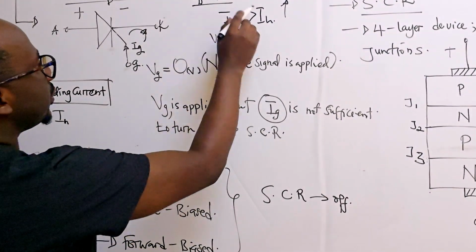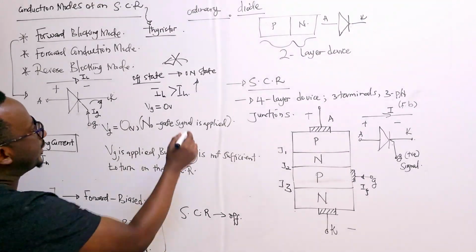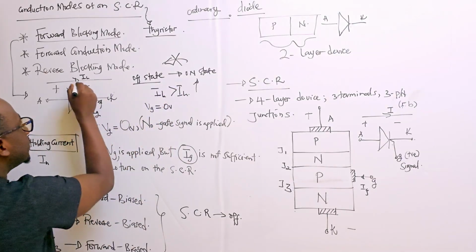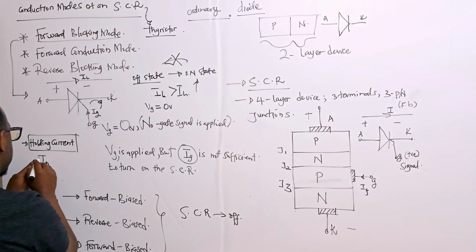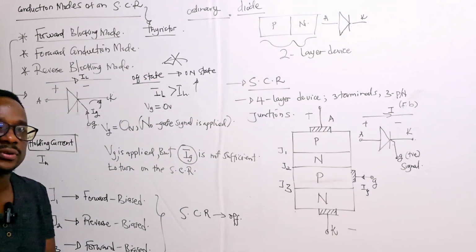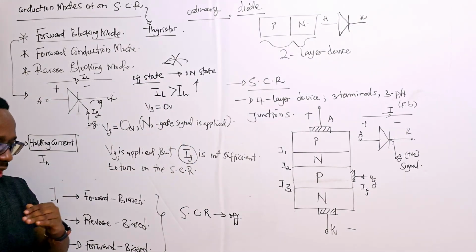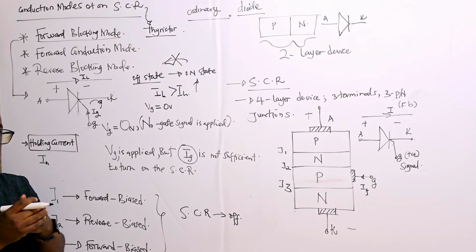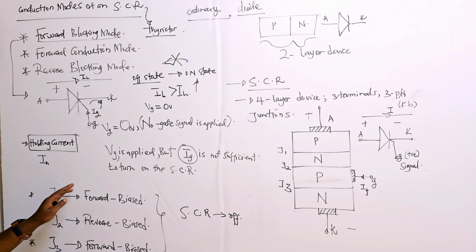So it will stay on until that current goes way below the holding current. Then the device goes back to the off state. So that is how an SCR works in short. That is one way. There are very many ways of turning it on.